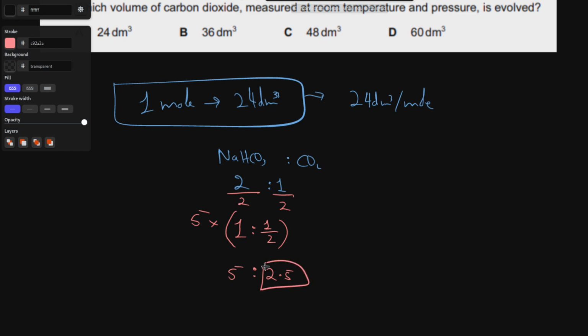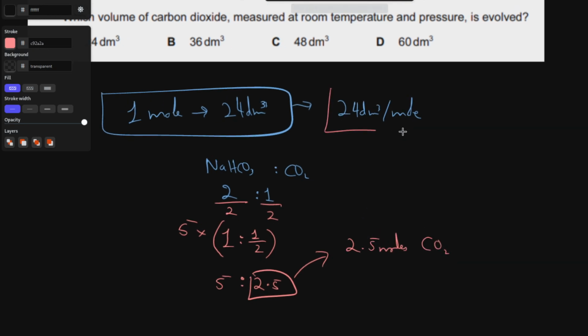So now that we've figured this out, we know that 2.5 moles of CO2 is right here, and we also know that 24 decimeter cube is produced every single mole.